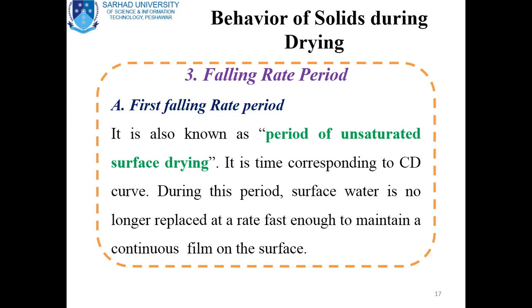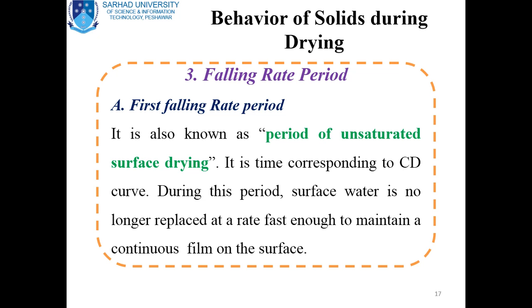The first falling rate period is also termed as the period of unsaturated surface drying, because the surface of the drying material is not completely full of water to maintain the film layer on the surface. It is the time corresponding to the CD curve.